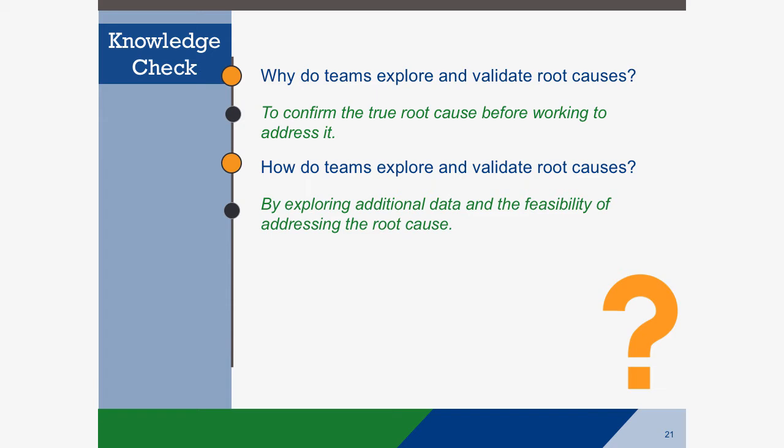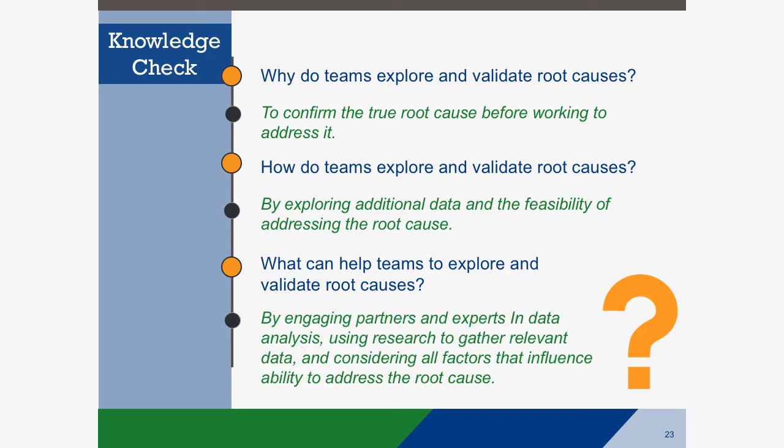By exploring additional data and the feasibility of addressing the root cause. What can help teams to explore and validate possible root causes? By engaging partners and experts in data analysis, using research to gather relevant data, and considering all factors that influence ability to address the root cause.